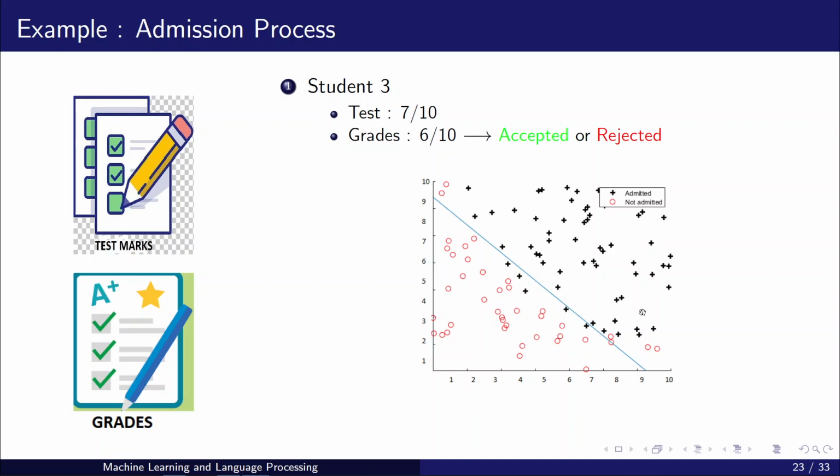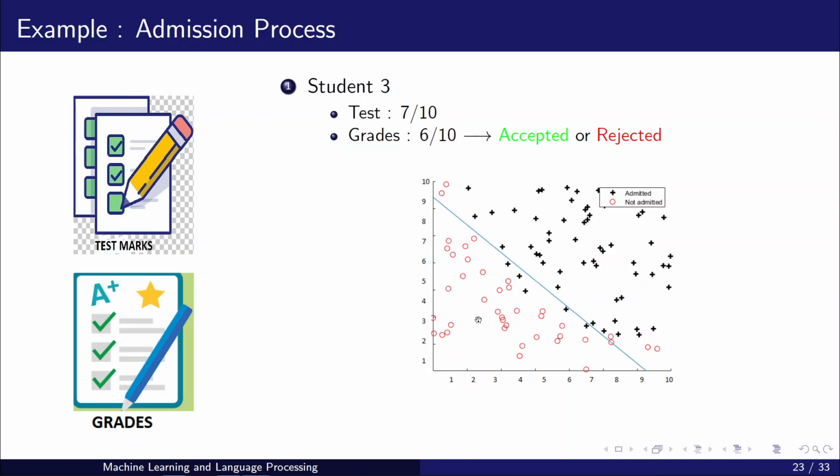Now we can see that all the students on this part are getting admitted and this part are getting rejected. So if you plot this data like this and if you are able to split the data by using a cut like this, then whatever data above this line can be accepted and whatever data below this line can be rejected.